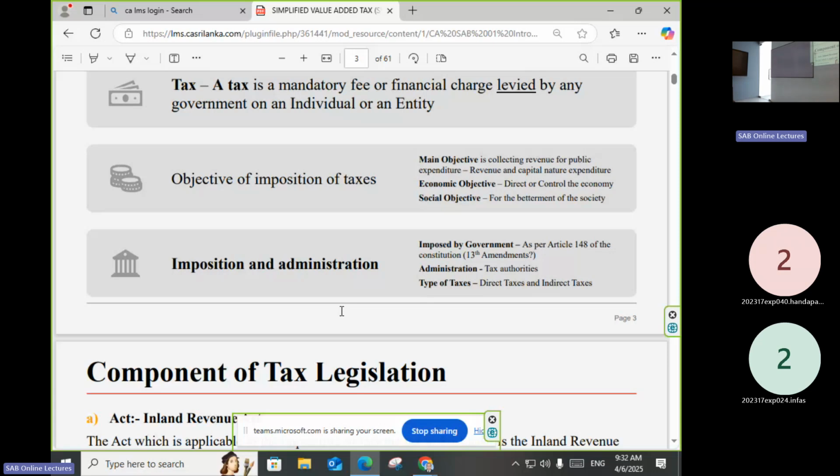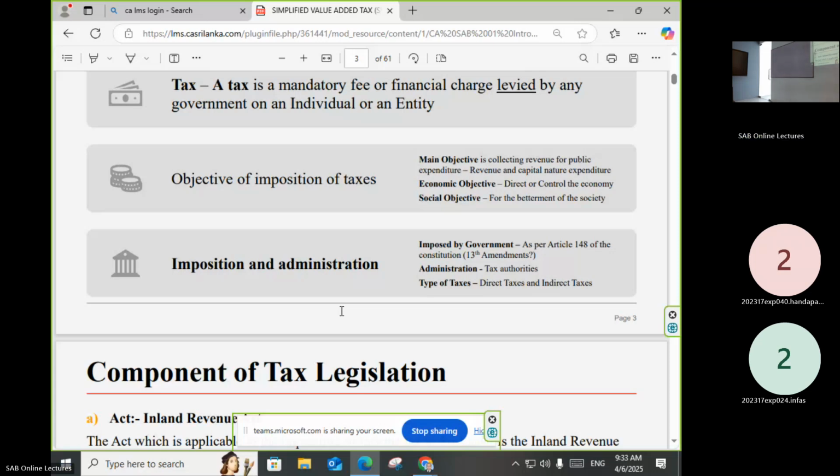As well as the transfer of immovable property. Transfer of immovable property means land, basically. The transfer of immovable property is subject to stamp duty. Right? That stamp duty law is governed by the provincial revenue authority. Basically, four major authorities: the Inland Revenue Department, Sri Lanka Customs, the Excise Department, and the Provincial Revenue Authority.